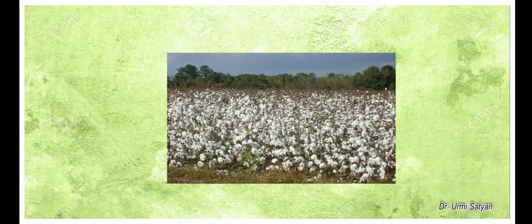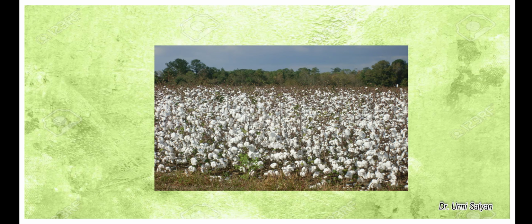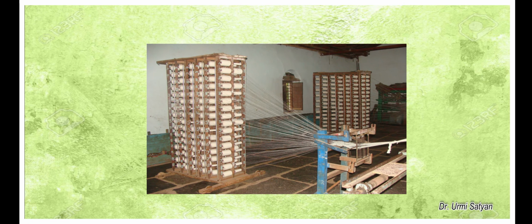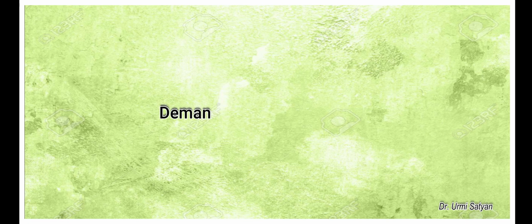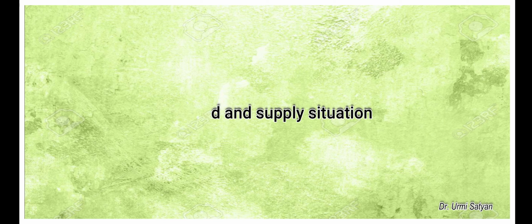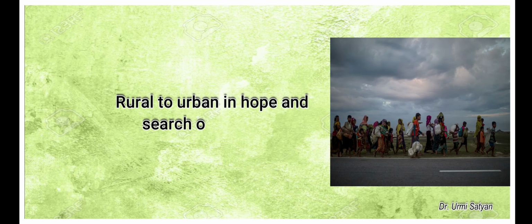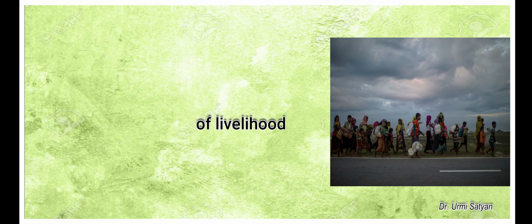For example, no manpower was needed to remove fibers and seeds from cotton as it was easily and speedily done by machines. The poor villagers did not have work and the factories needed laborers. This demand and supply situation encouraged a mass movement of workers from rural to urban areas in hope and search of work and livelihood.